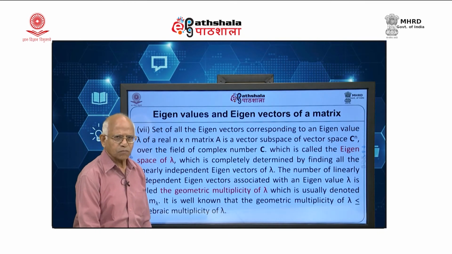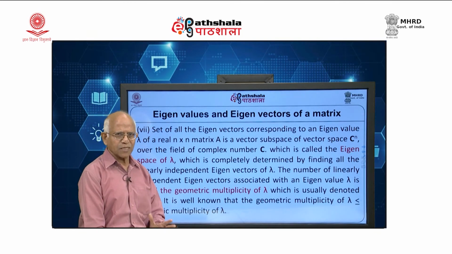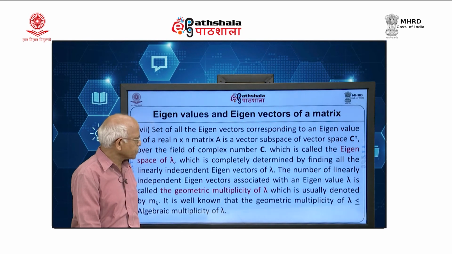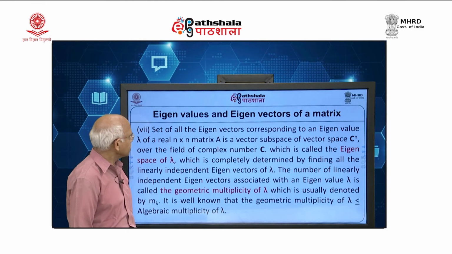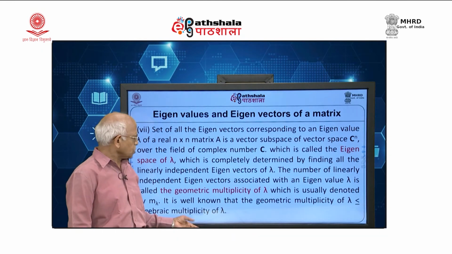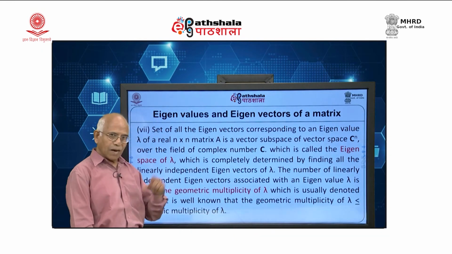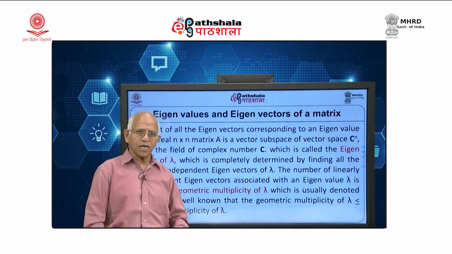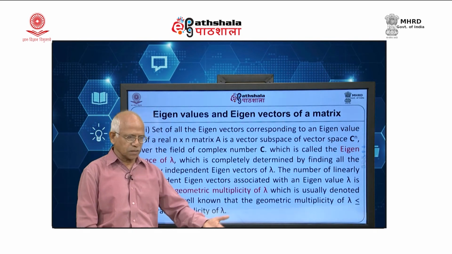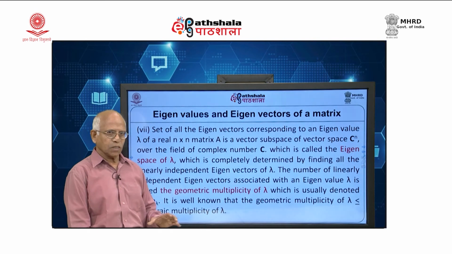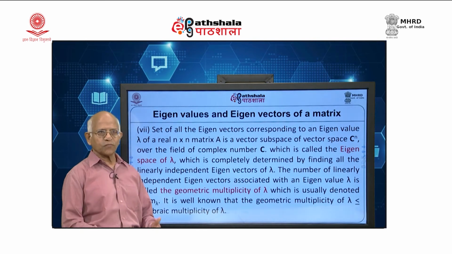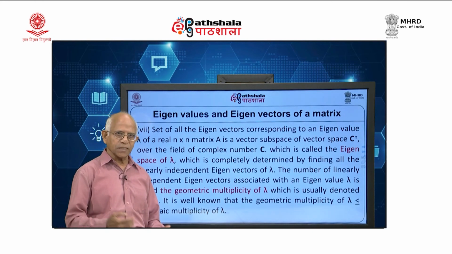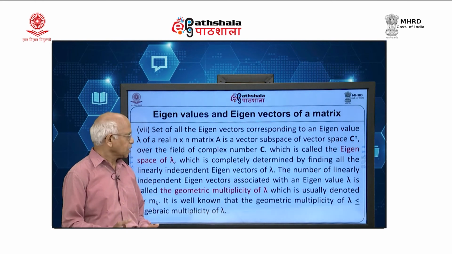We are not going to prove any results, as already stated earlier, but we will see some of these results in the examples. The algebraic multiplicity of lambda is the number of times that lambda 1 appears in the characteristic equation, and the geometric multiplicity of lambda is the number of linearly independent eigenvectors corresponding to lambda.